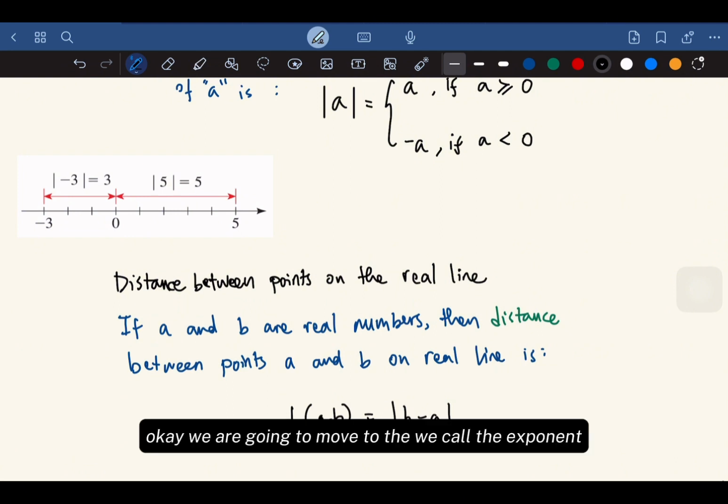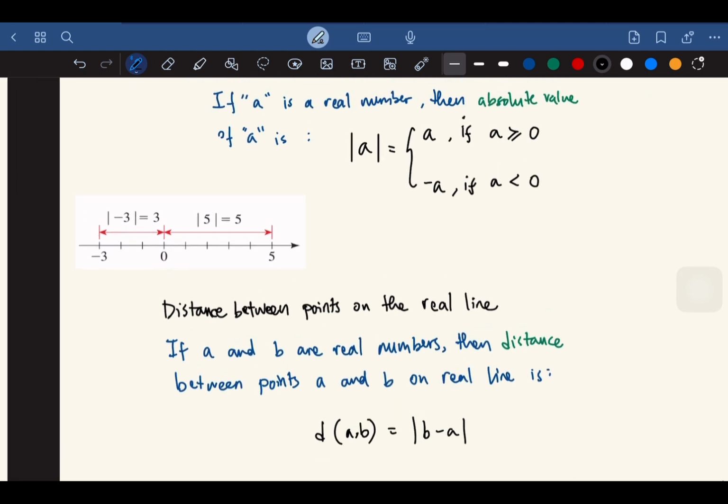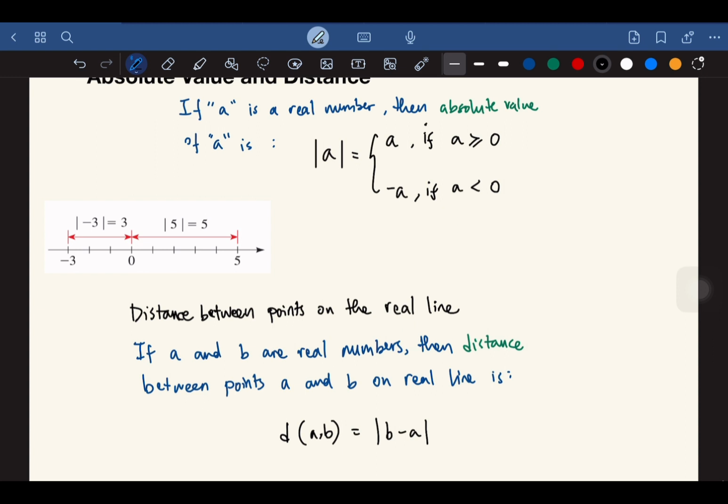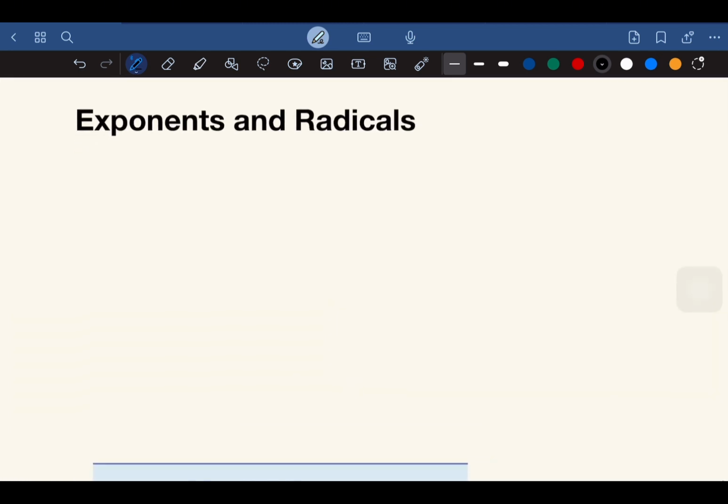Okay, we are going to move to what we call the exponent. Okay, exponents and radicals. I don't think this is helpful.